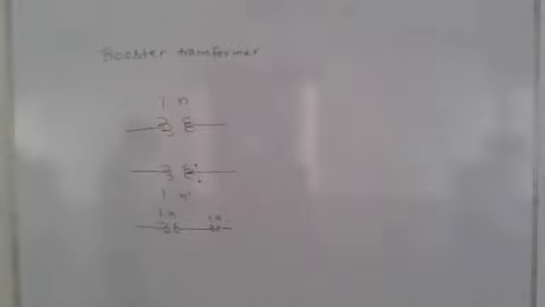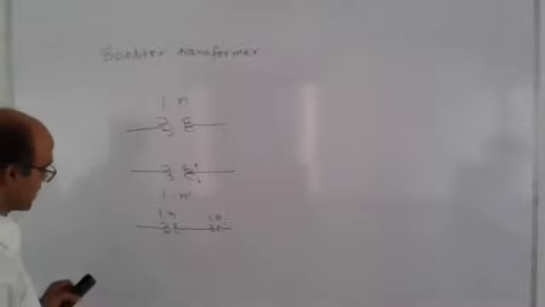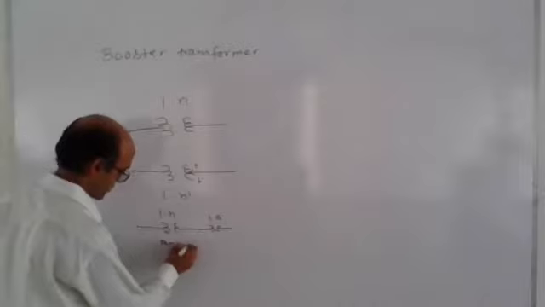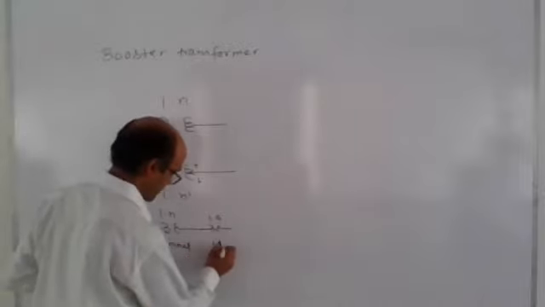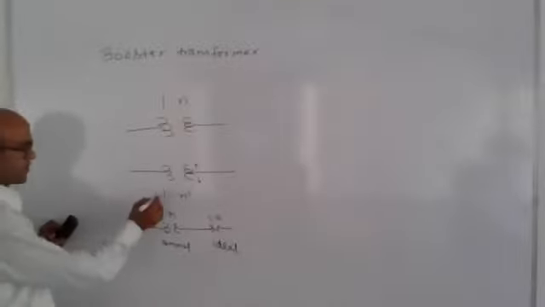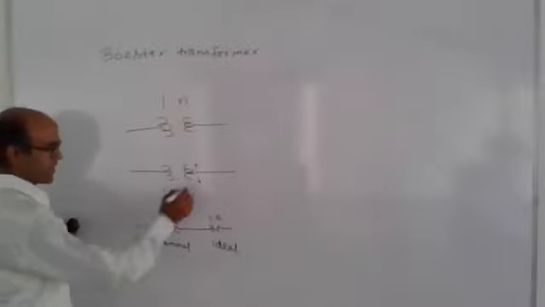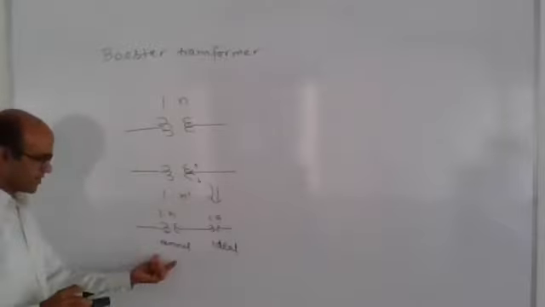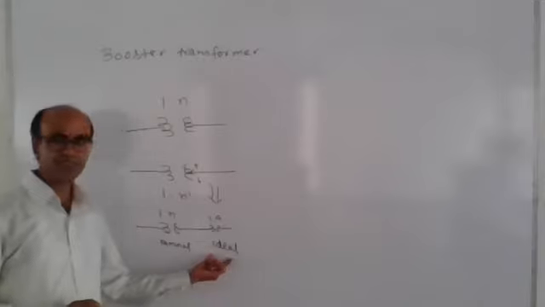Okay. So I told you this last class. This is a nominal transformer and this one is ideal. So this booster transformer can be analyzed by breaking it into nominal turn ratio and ideal turn ratio.